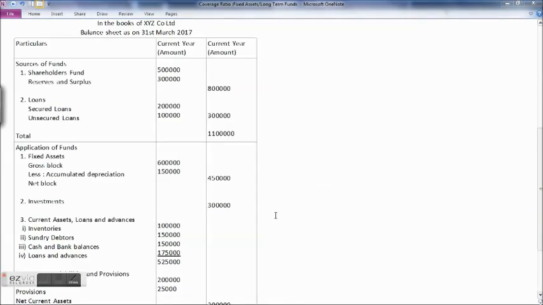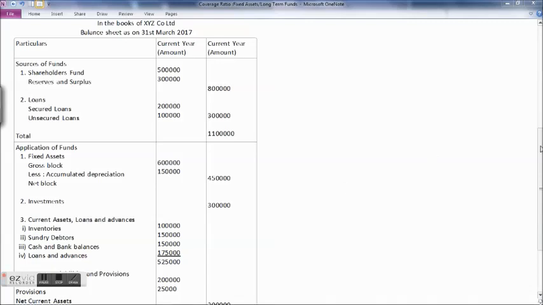This is an example in the books of XYZ Company Limited, balance sheet as on 31st March 2017. You have particulars and current year amount. Sources of fund: first is shareholders fund 5 lakh, reserves and surplus 3 lakh. Then loans: secured loan 2 lakh and unsecured loan 1 lakh, so the loans total 3 lakh. Total sources of fund is 11 lakh. Then application of fund: fixed assets, gross block less accumulated depreciation, gives a net block of 4,50,000.